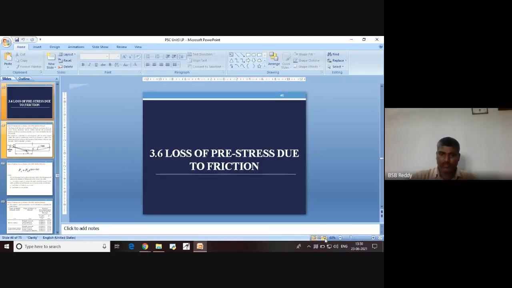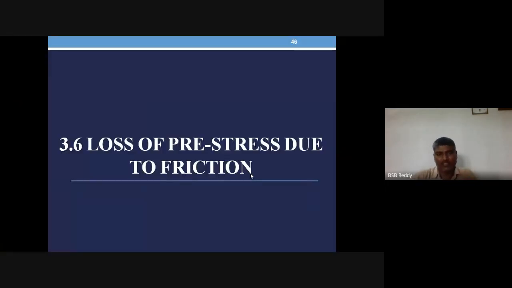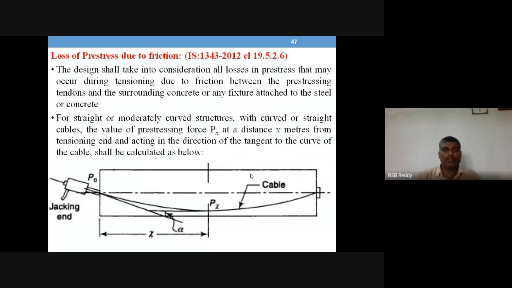Welcome to this session on pre-stressed concrete, Unit 3 of your syllabus. And we are talking about the loss of pre-stress, out of six types of losses. And this one is the last one, loss of pre-stress due to friction. This we have introduced in the last session itself.